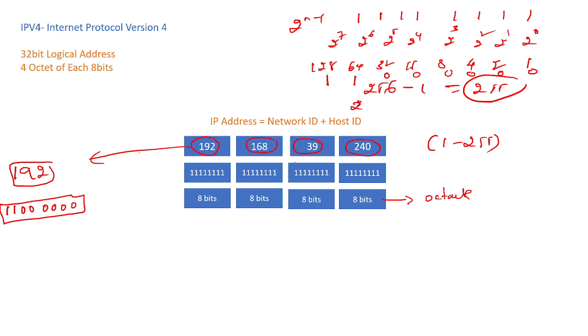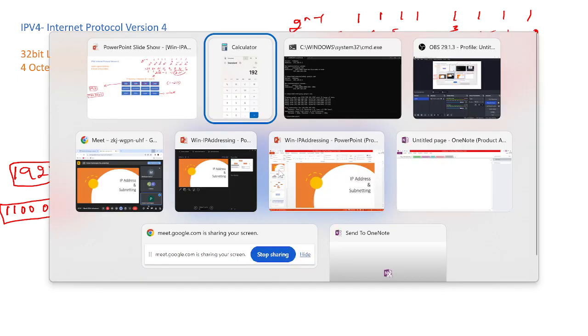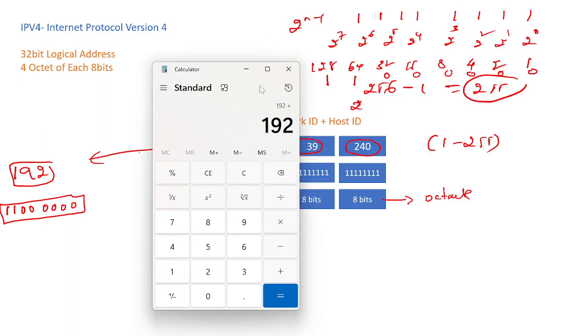Now for 168, you need to pick numbers that sum to 168. So 128 plus 32 is 160, and if you add 8, it is 168, right?